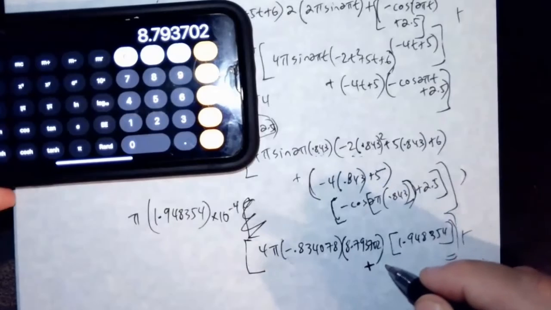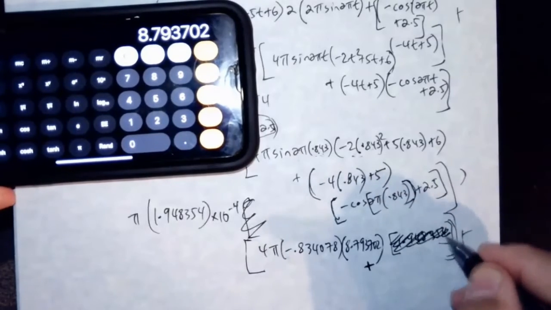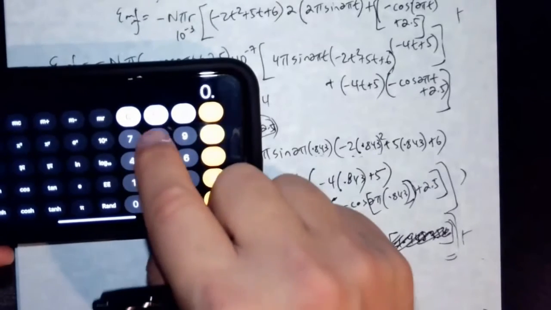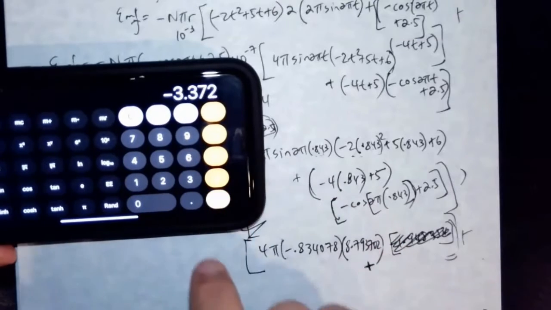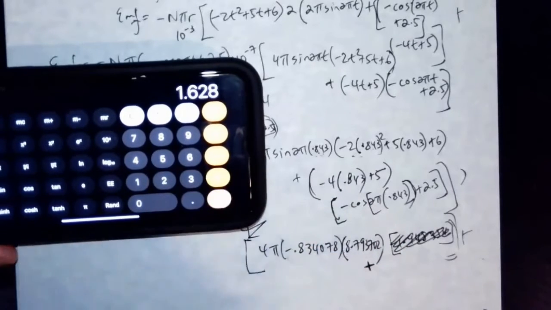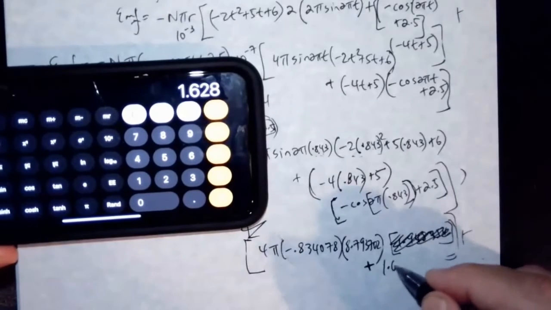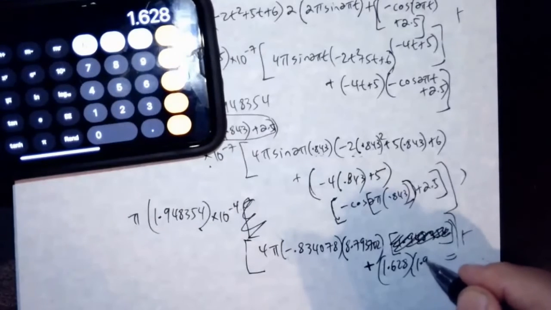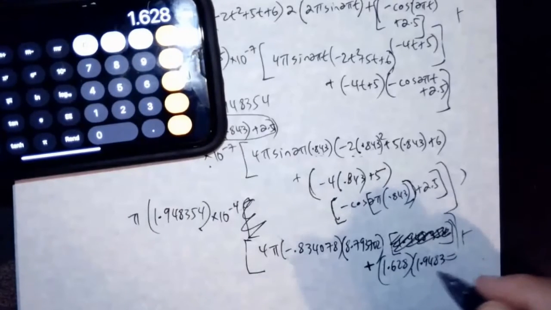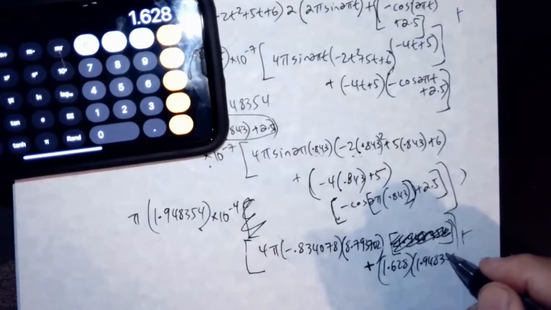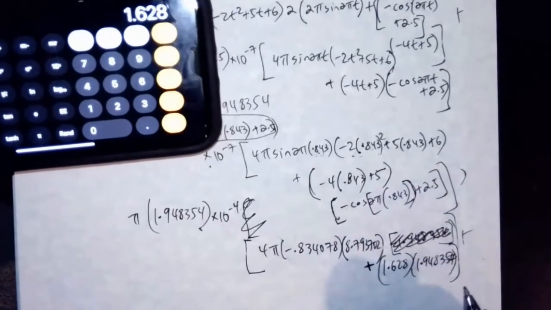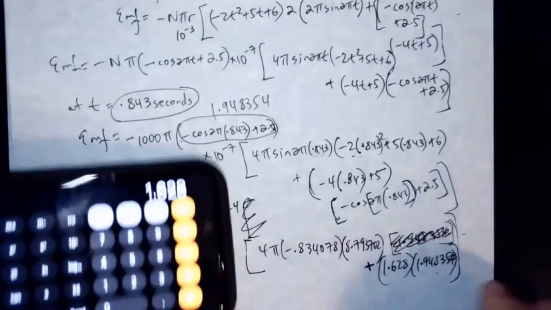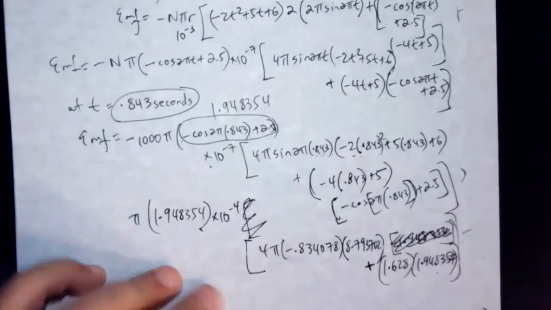So this term is going to be 4 times 0.843 negative plus 5, so 1.628 times that term, which was 1.94834. The rest I could just do in one step.